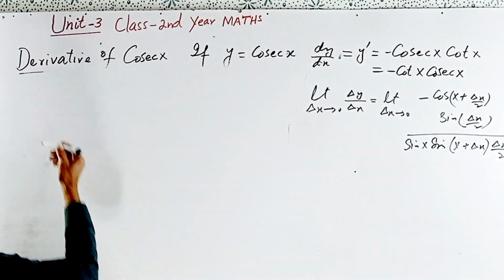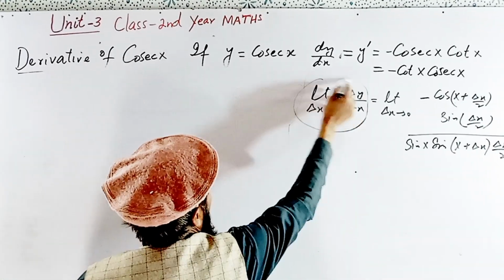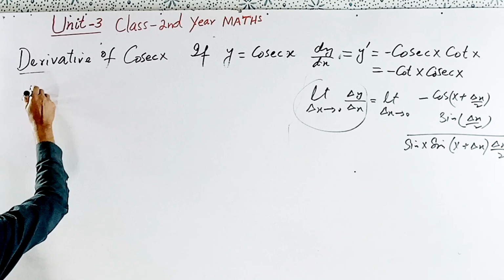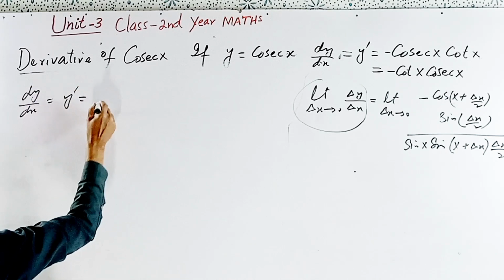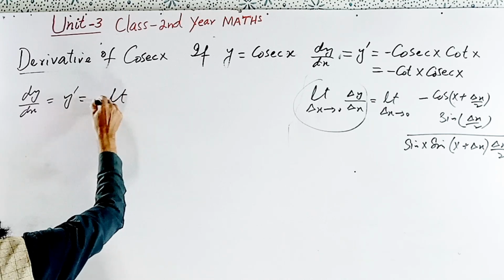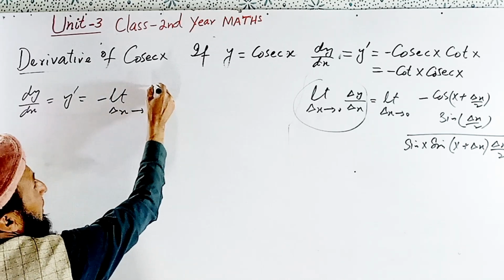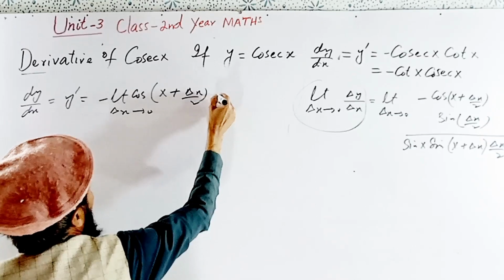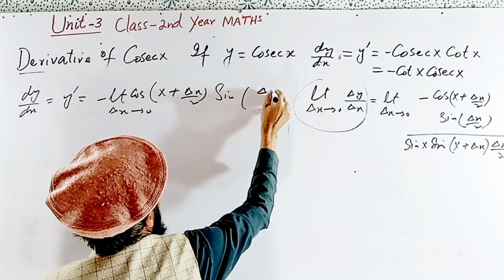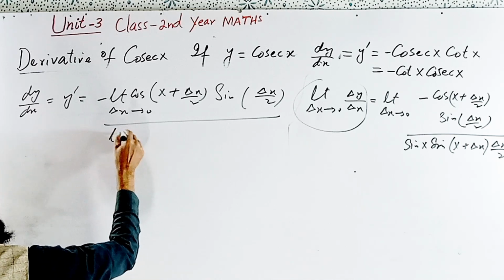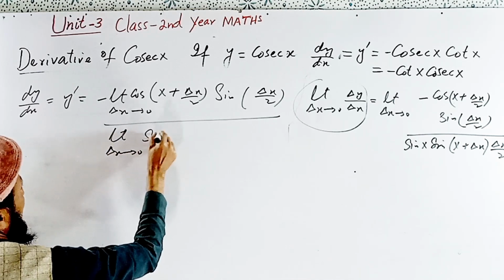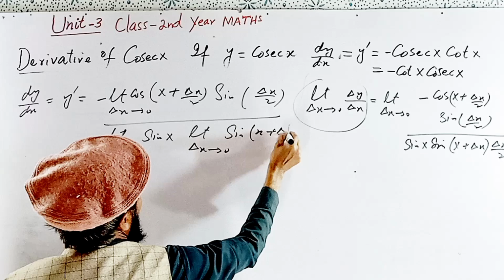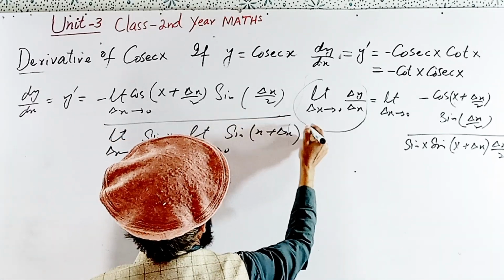Now applying the limit, delta y by delta x becomes dy by dx or y prime.